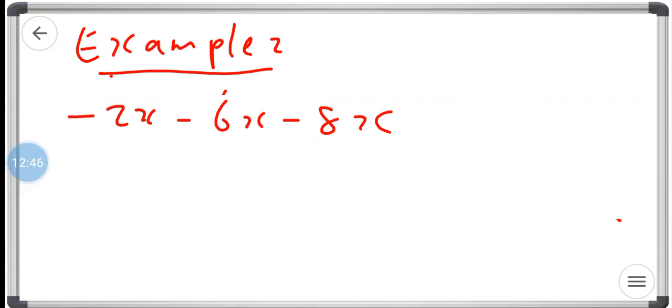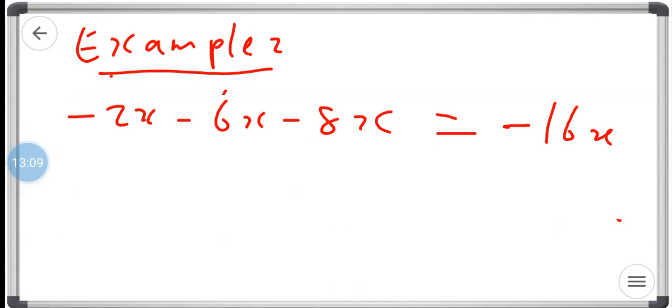So let's take it together now. Minus 2x minus 6x, that's minus 8x. Now minus 8x minus 8x, that's minus 16x.